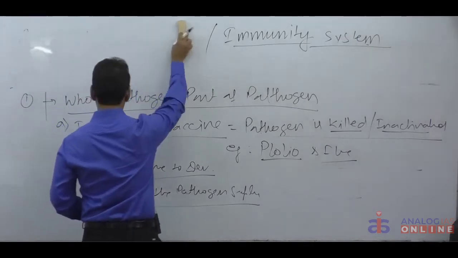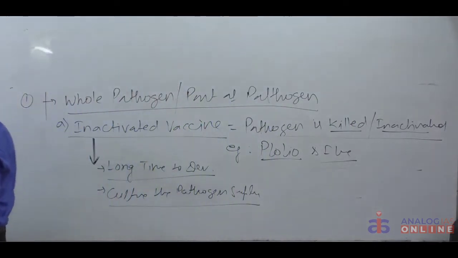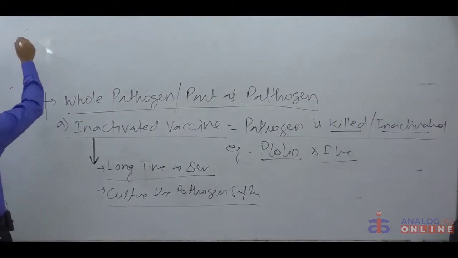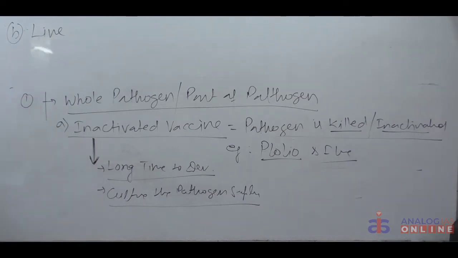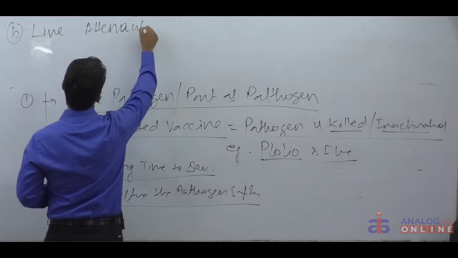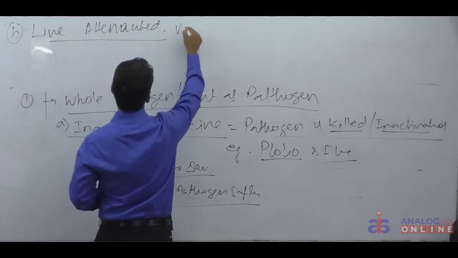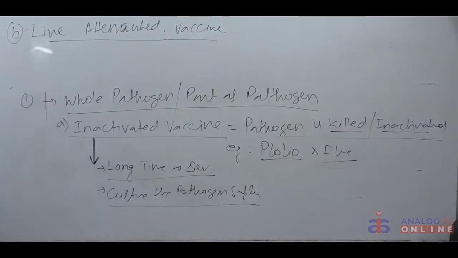For whole pathogen, the first one is inactivated, right? The second is live attenuated. So you have to go with the live one. Here what we did, we killed or inactivated. The second one is live attenuated.